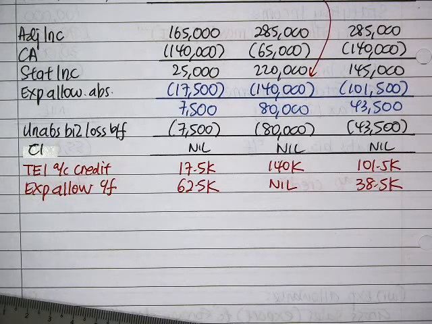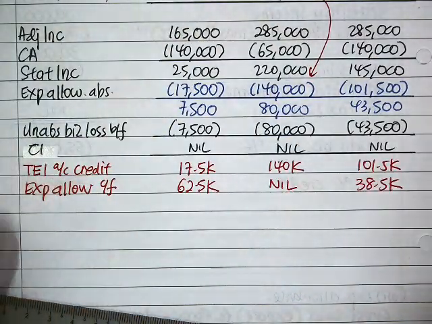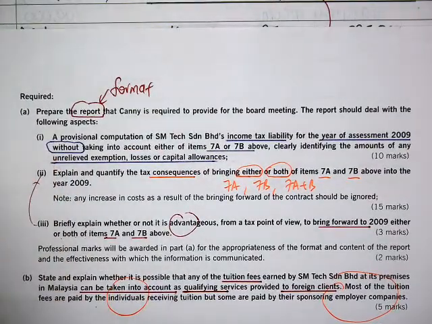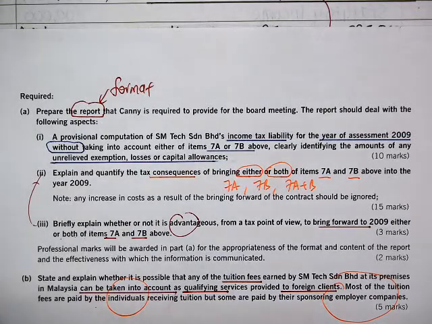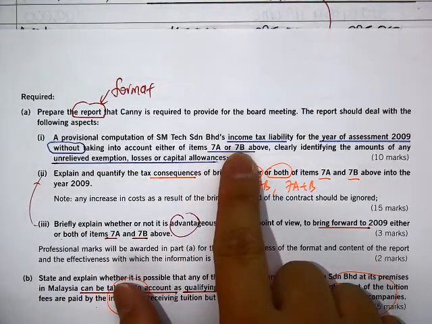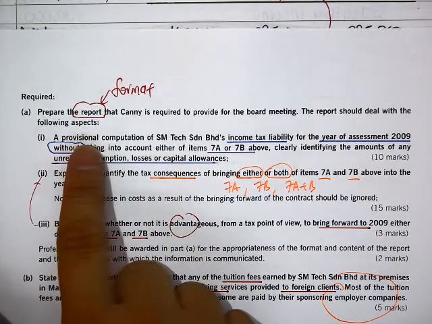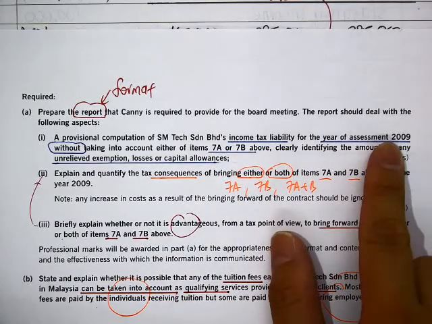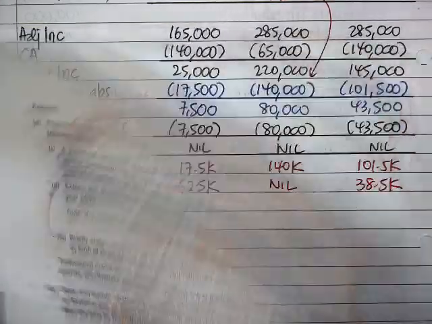Okay. So when you write the report, you just have to tell in the report what you see in the numbers. So for the first part of the report, you just have to tell them that without taking into account 7A or 7B, this company Azamtech will have no tax liability for Y09. Okay, so you just show them what you calculated.